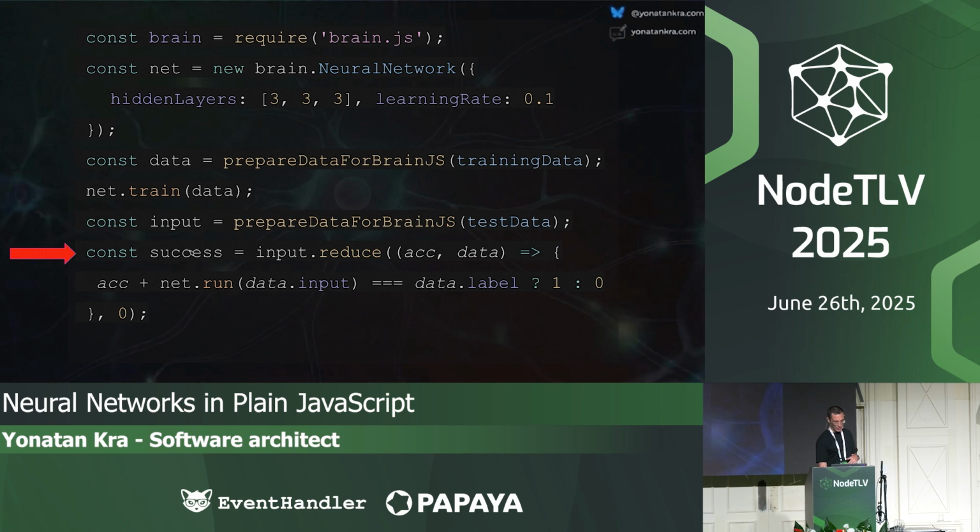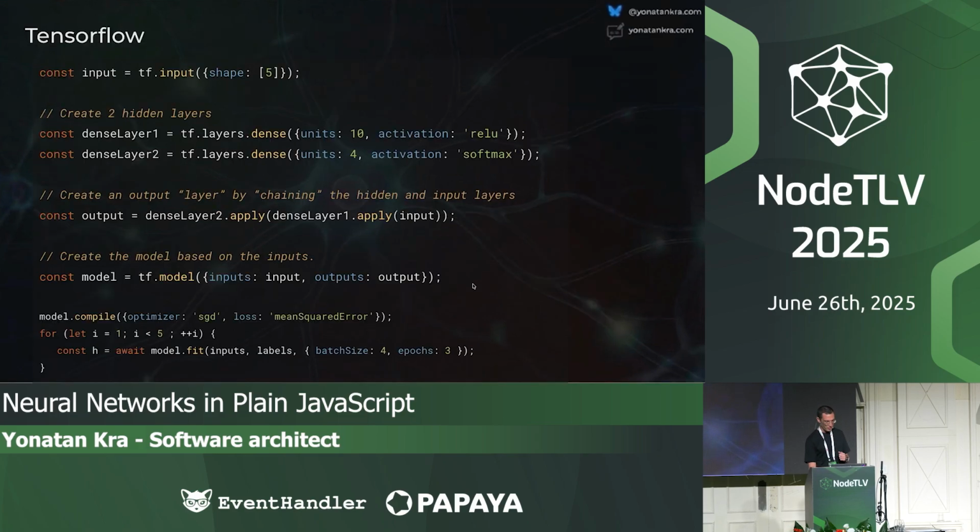And then you calculate the success when you compare; here they call run and not predict, but you run the predict versus the label that you expect. So it's exactly the same with frameworks. And in TensorFlow as well, you create the layers. You can define the activation function and how many units each layer. And you actually call it, instead of train, they call it fit. But it's using the same principles, the same building blocks. And now you can take one of these and play with them.